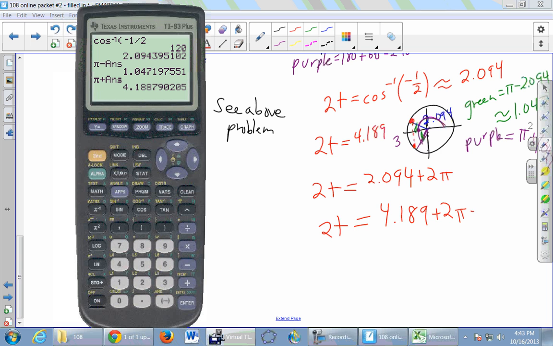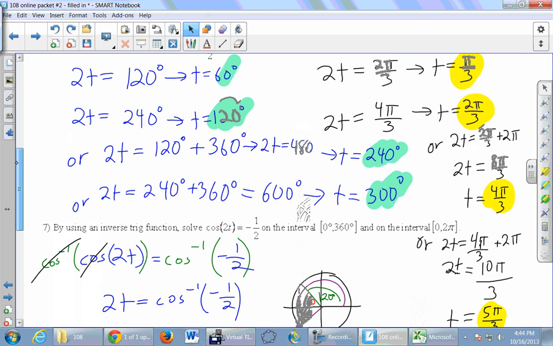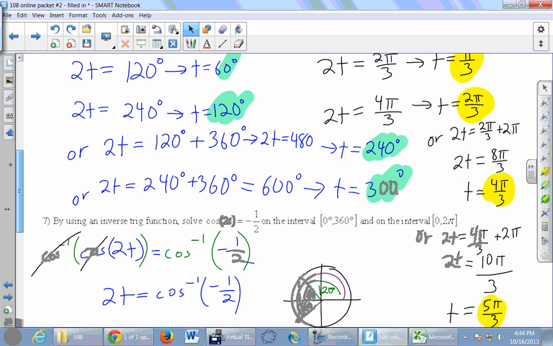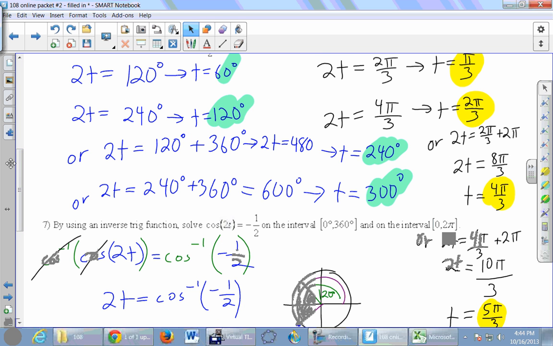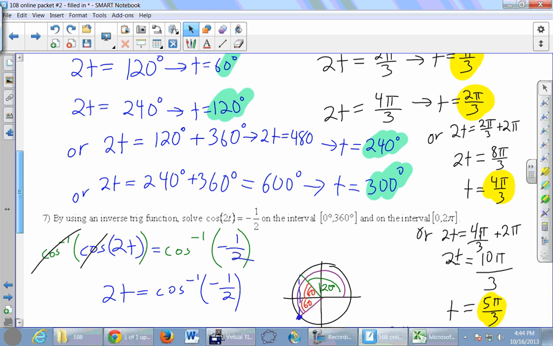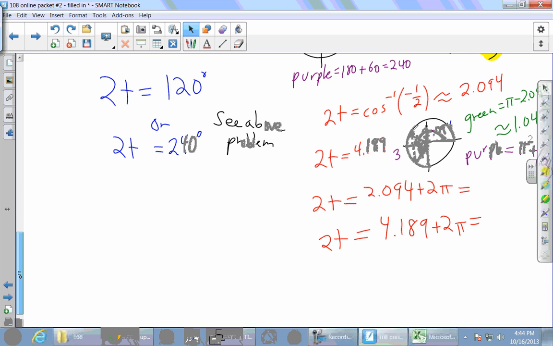You can type those into the calculator, and then you'll have your 4 equations. 1, 2, 3, and 4. And you're going to take each of those right-hand sides of those equations and divide by 2, and you'll have your 4 different values of t, which should agree with the 4 values of t that are highlighted there in yellow. So those are the exact answers. We hardly ever can hope for exact answers, so we can use the calculator to do these.